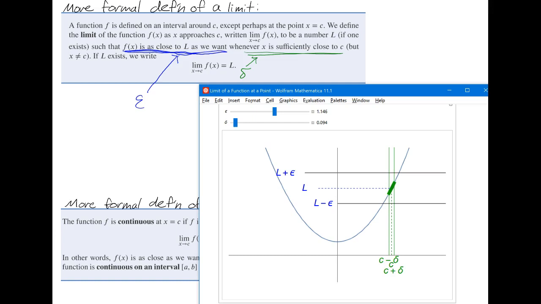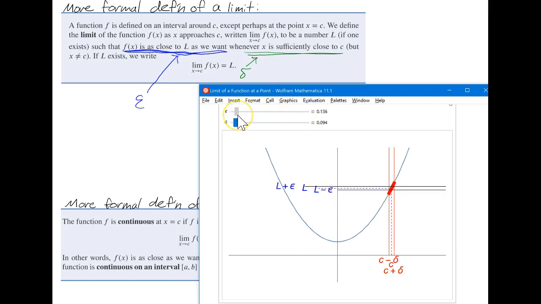Looking at the thing here, epsilon is about 1.1, and if we make delta be like 0.01, that guarantees that for all of these values of x within this little interval, the corresponding f of x values you get out are all within epsilon. And if you make epsilon smaller, then it gets harder.